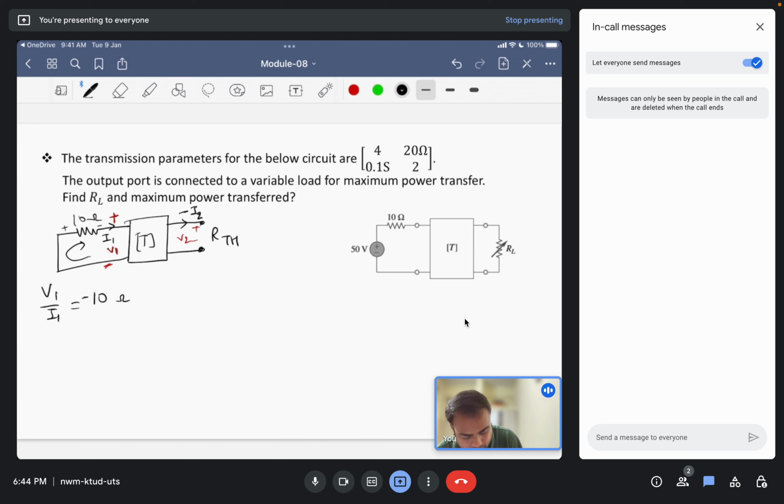A negative sign will be there because the resistor is a load, not a supply. So V1 by I1 we know is minus 10. So let us write I1 as minus V1 by 10.